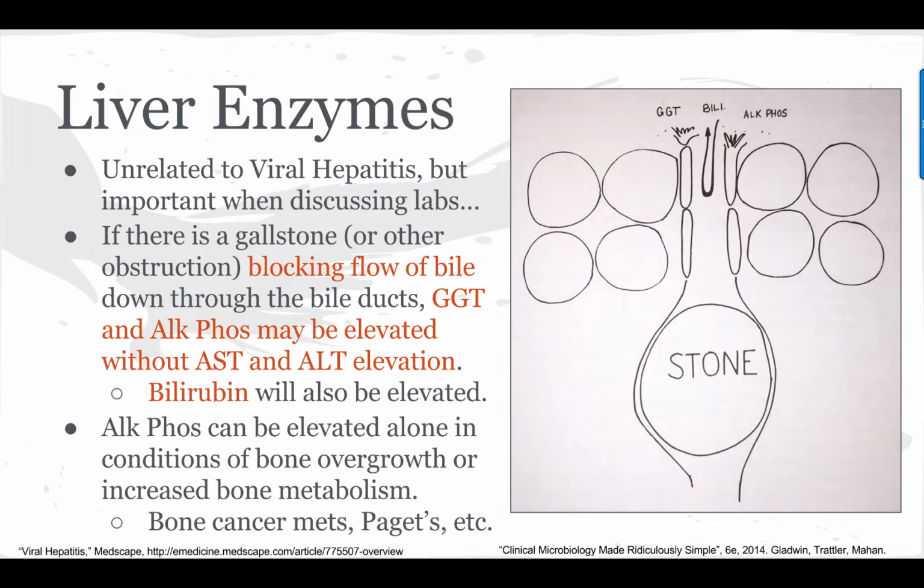So if you get an overgrowth of bone or an increase in bone metabolism, there are conditions that cause this, like bone cancer metastases or Paget's disease of the bone. These different bone conditions can result in an increase in alkaline phosphatase. So hopefully that'll make sense.